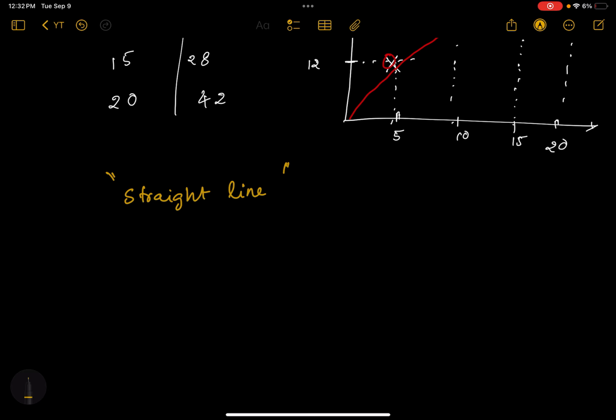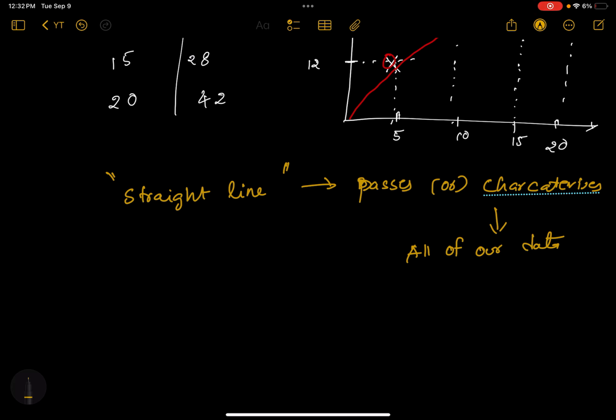that characterizes all of our data points. But there are infinite possibilities.